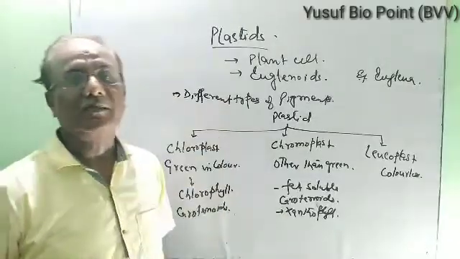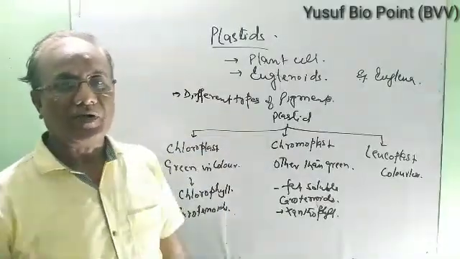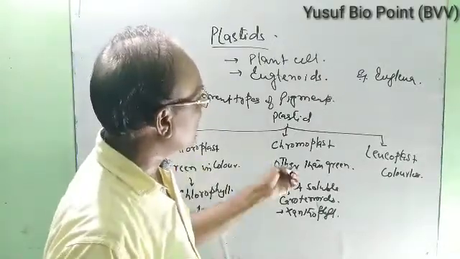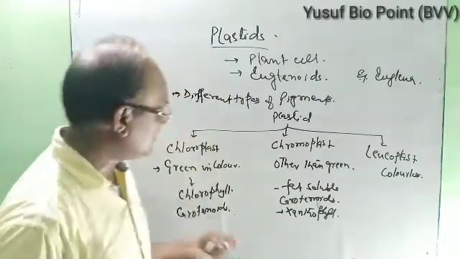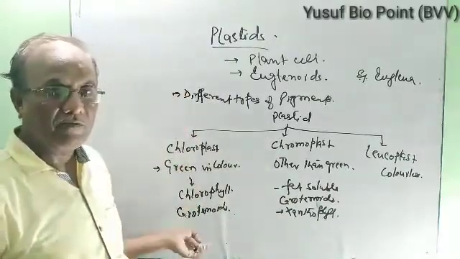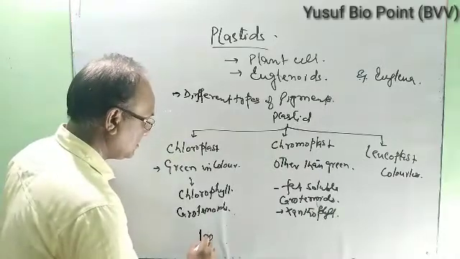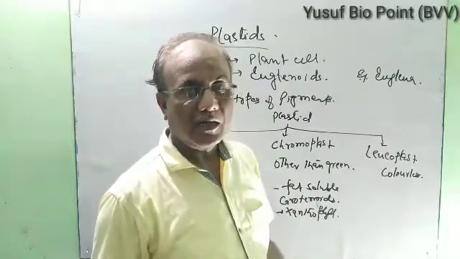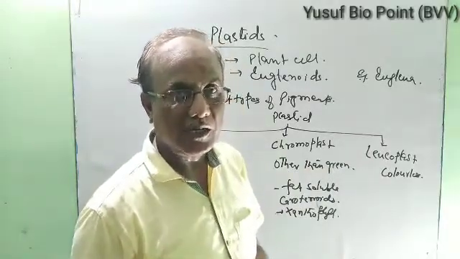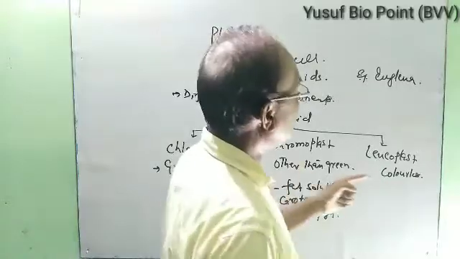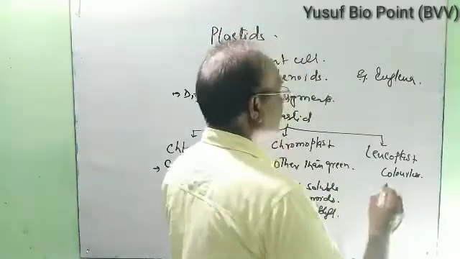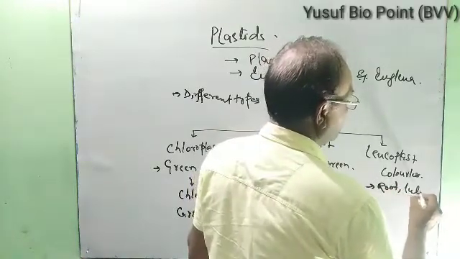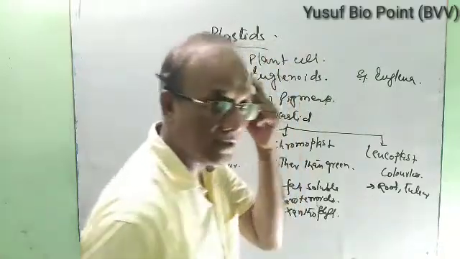It also contains phycophyll in the Phaeophyceae, rhodophyll in the Rhodophyceae, like that. And it is found especially in the leaf, and in the colored parts, that is color of petals, color of fruits, like that. And leucoplast is colorless, and it is found in the root tuber. Understand?